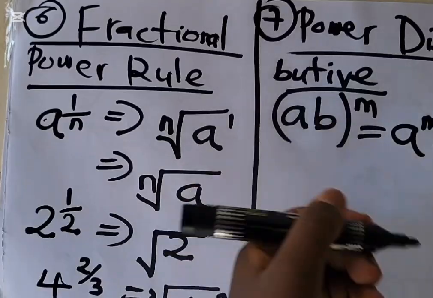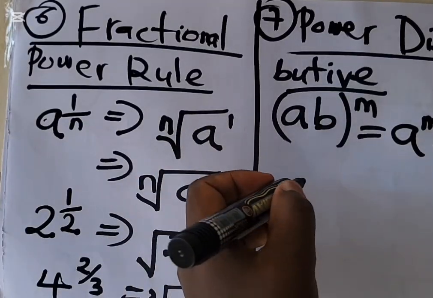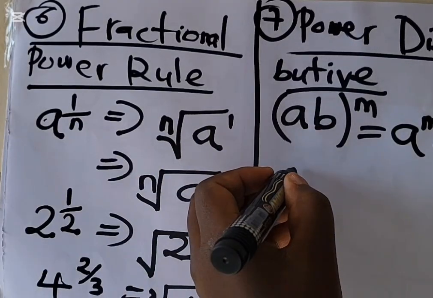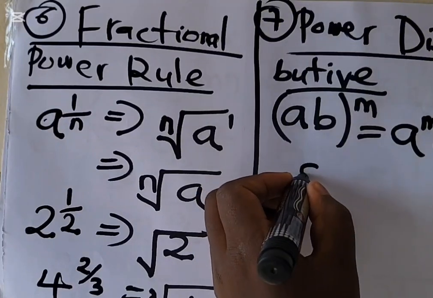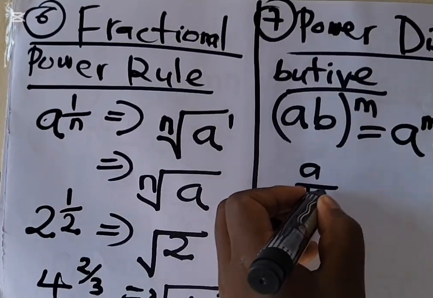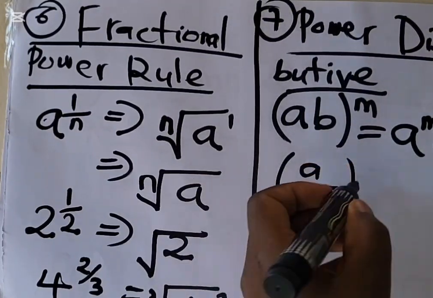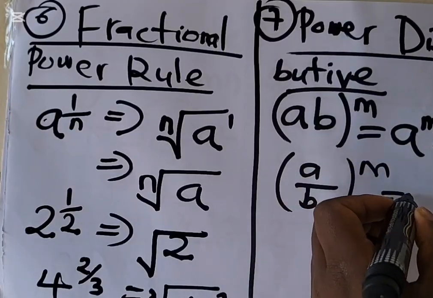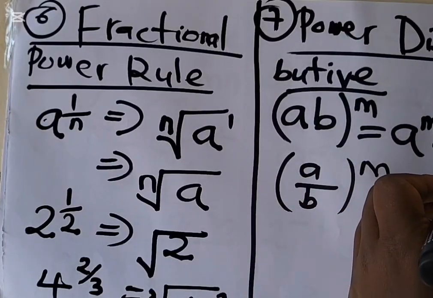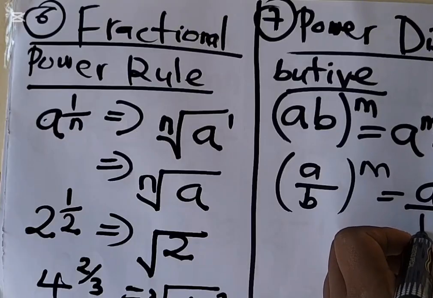It also applies to division. If we have A over B, raised to M, this becomes A raised to M over B raised to M.